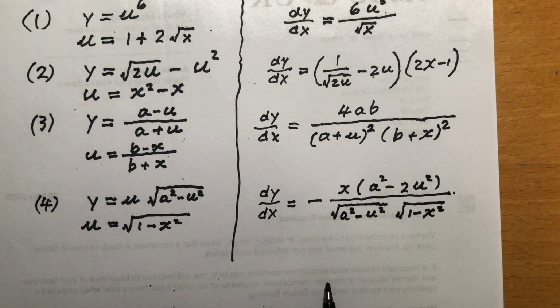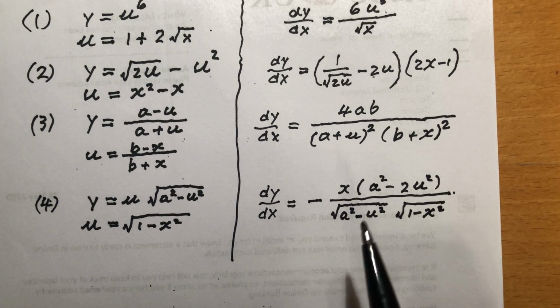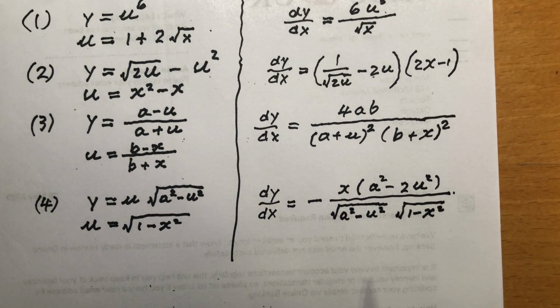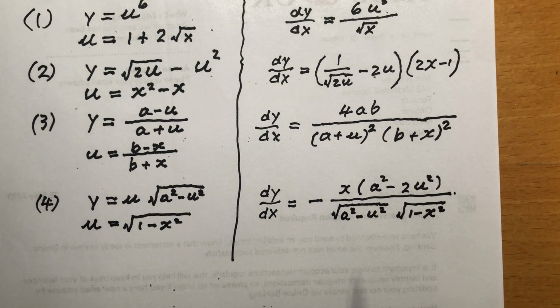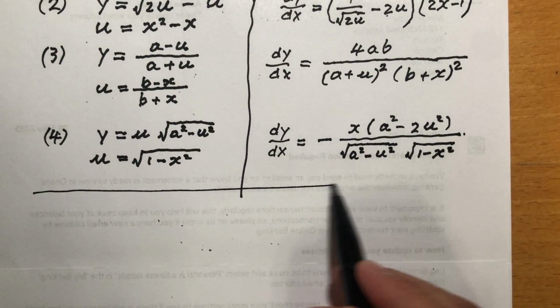Question 4, the answer also contains 2 variables, x and u, because we are using the chain rule. Okay, so this is practice.